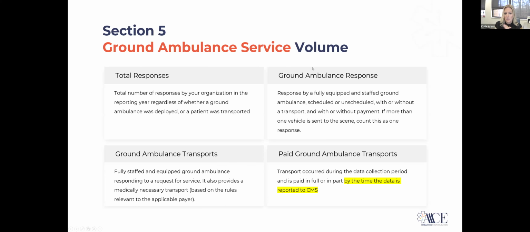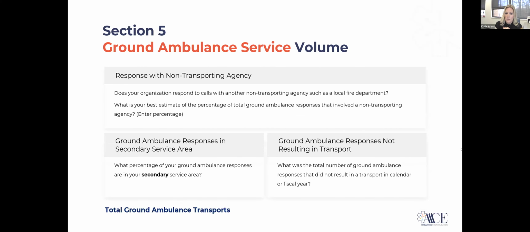Next slide. So then they want to know how many responses did you have with the non-transporting agency. So you may not even do this, but does your organization respond to calls with another non-transporting agency, such as a local fire department? Yes or no. If no, then you don't need to enter the percentage. But if yes, they want to know how many of those calls, or what is your best estimate, actually involved a non-transporting agency.